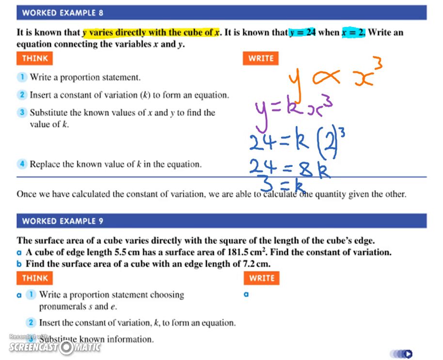Write down the equation with the k in it. So we know that y is the dependent variable. Do we know what k is now? 3. And then we've got our independent variable there. And you have now written down the equation. And you are finished.